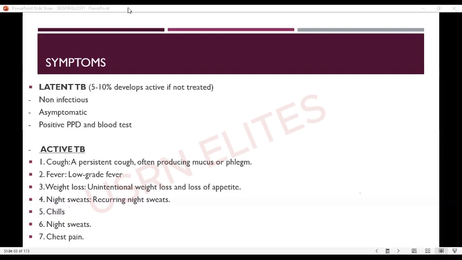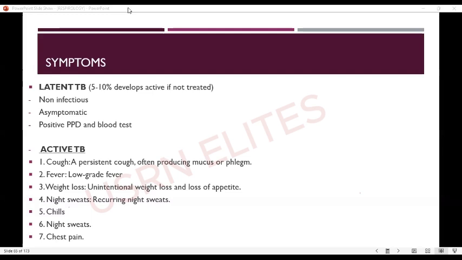So if a patient tests positive for PPD and blood test, please don't conclude simply because of that that the patient has TB. Once you are exposed to it, you are positive, so you must go further for sputum and then chest x-rays. Are you getting my point?